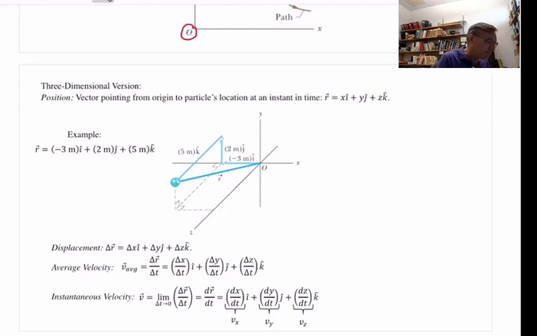Okay, so here we go. First, we'll start with position in 3 dimensions. Well, it's the same idea. It's a vector pointing from the origin to the particle's location at an instant in time. And so, here I have a sketch of a particle, and it may be moving around, but we took a snapshot in time, frozen, and there's where it is.